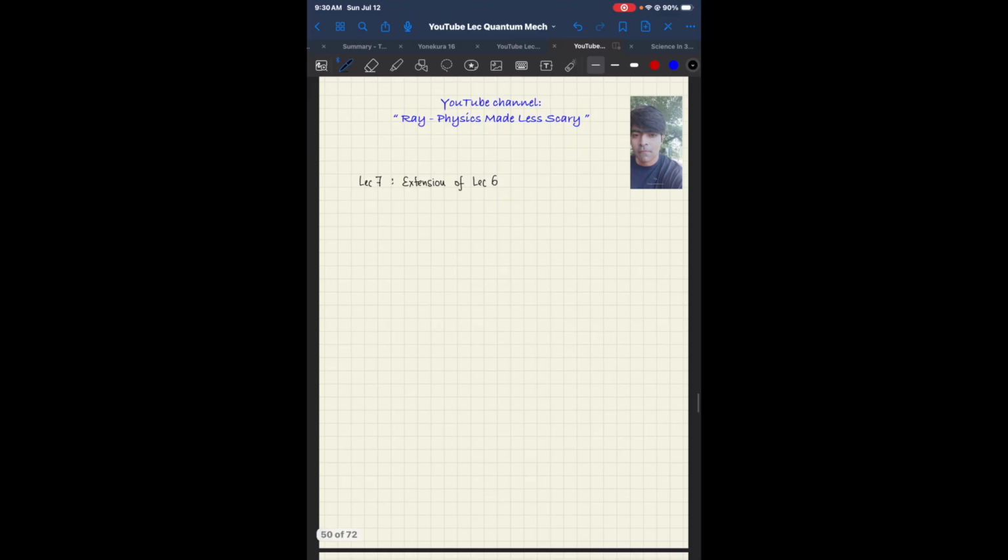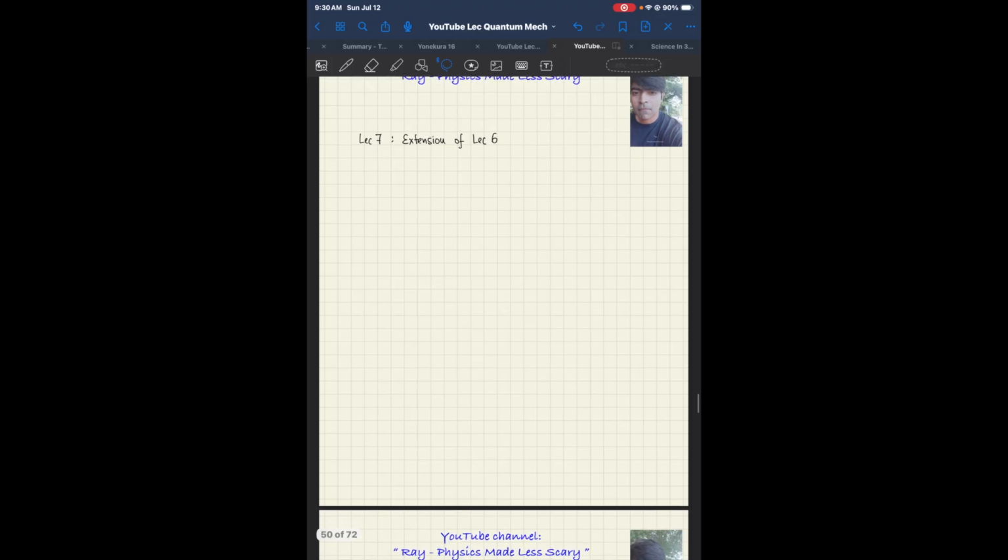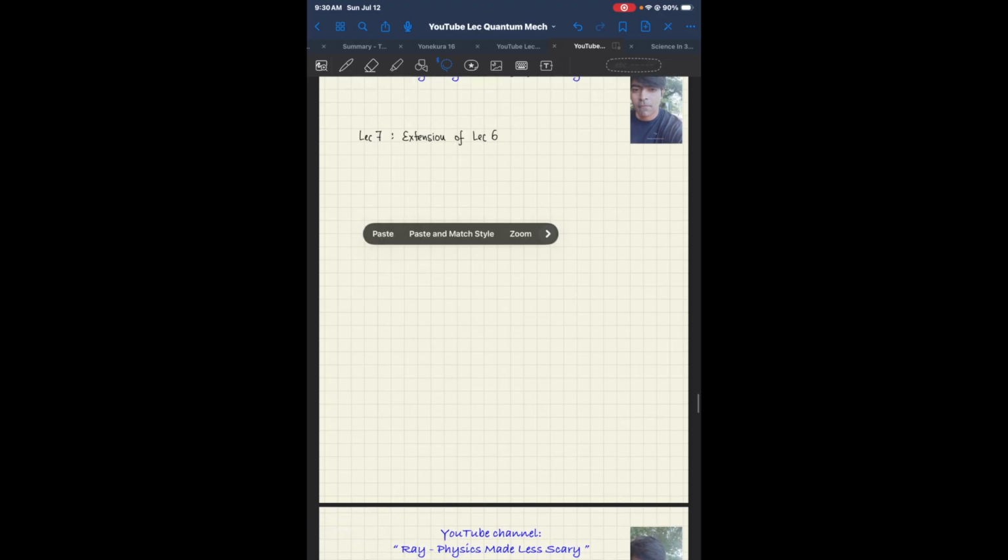So in the last lecture, we ended sort of here. We had figured out our time independent wave function, with n equal to 1, 2, 3, etc. I'll also sometimes denote them by natural numbers in this manner.